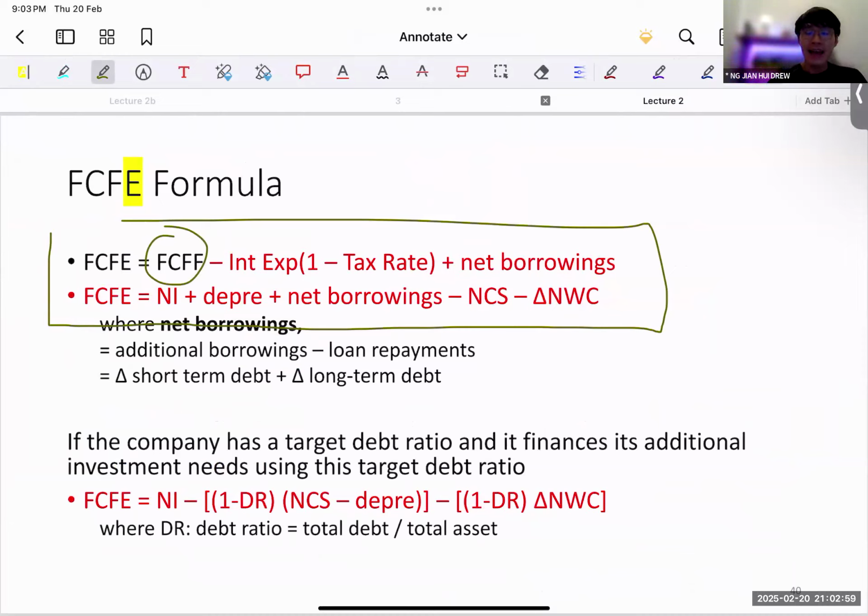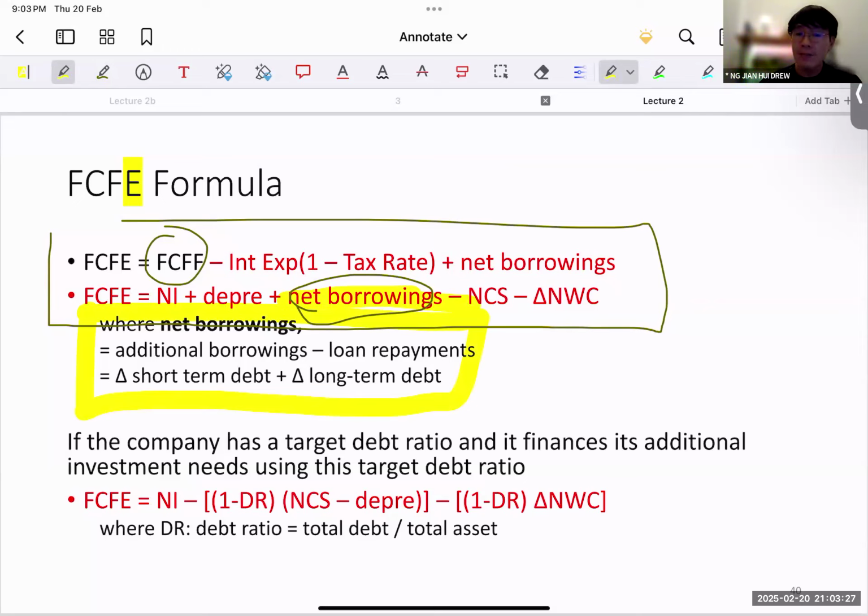Okay, so I want you to be very careful with your net borrowings. Even though you might not really have any more of these kind of questions, just for your own knowledge, whenever you see net borrowings given by this, it means that there is some movement, an increase in borrowings or decrease in borrowings, right?